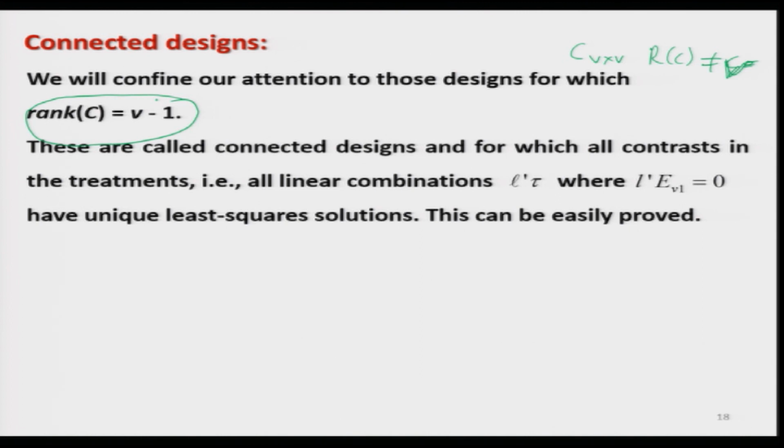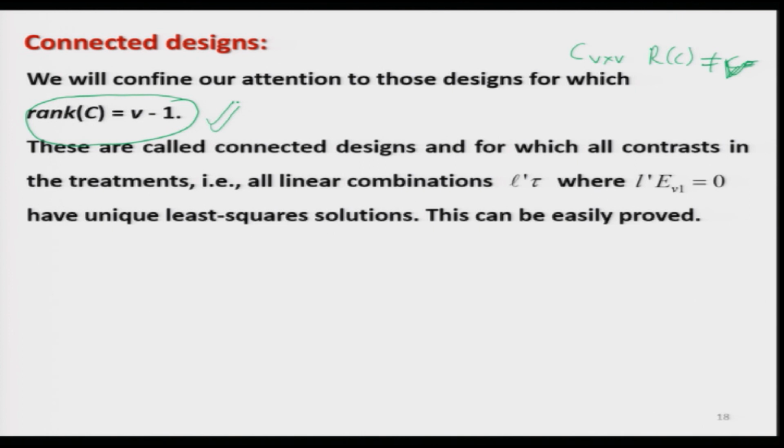And you will see here later on that when we consider the rank of C to be k minus 1, that is going to solve many such problems, and that is going to be helpful for us. So, we are going to consider here those types of design where the rank of C is equal to v minus 1.